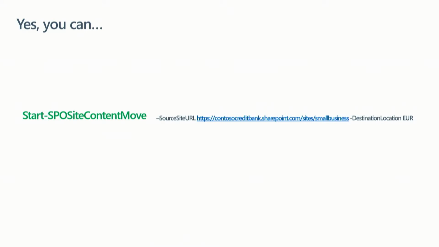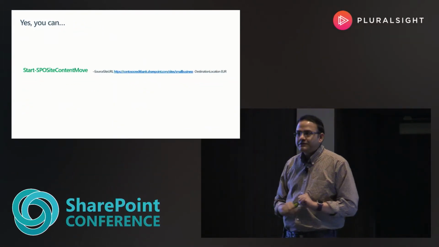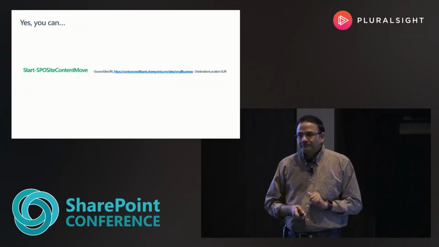Now remember the 3-letter acronym I talked about at the beginning, that's exactly what you are specifying here. In this case, I'm saying EUR, that means I want this to be in the European location. If you want that site to be in Australia, you would say AUS for Australia, and we have it documented. So you just follow that 3-letter acronym and specify it in this parameter, and you're all set to go.